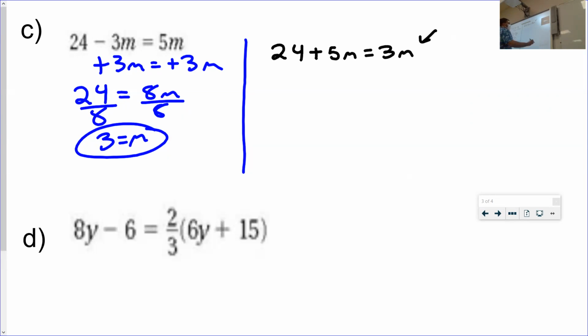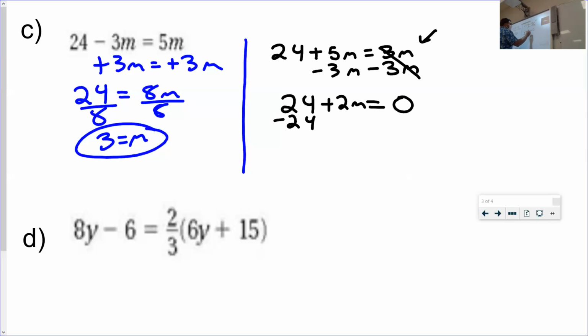So I just want to point out, if you subtract the last thing on any side of the equal sign, so in this case, you're subtracting 3m from 3m, well, 3 minus 3 is 0, and it should be a normal 0, no 0m. So this is 24 plus 2m equals 0.